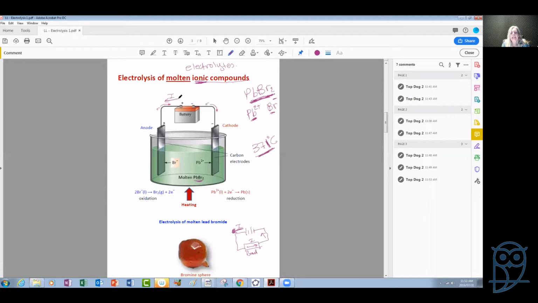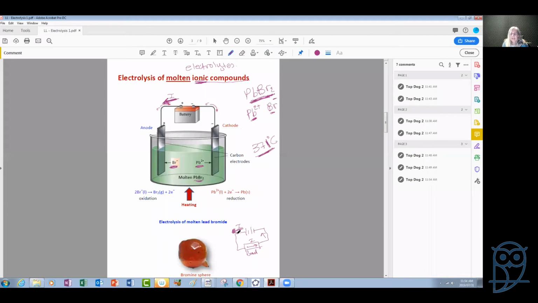I want you to understand that the current is the same in the external circuit here in the wires and inside the electrolyte. It's the same current. And this total current is actually made out of two currents, the current produced by the anions and the current of the cations. We add them together, and the result is the same current as in the external circuit.